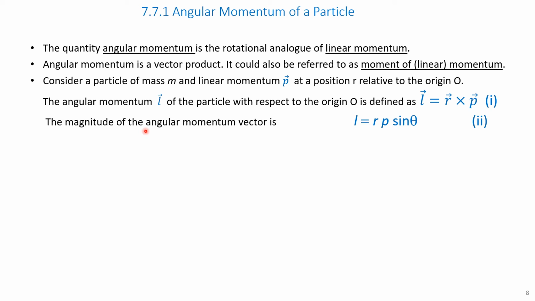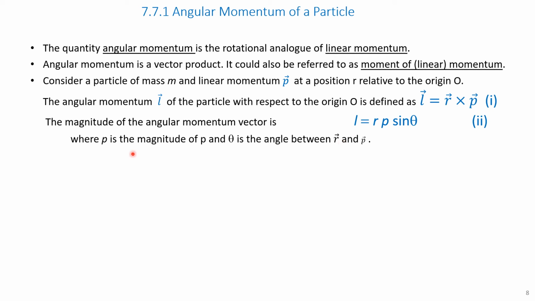The magnitude of the angular momentum vector is given by the relation L = rp sin θ. Let it be equation 2. This we have obtained from the knowledge of vector algebra using the magnitude relationship.